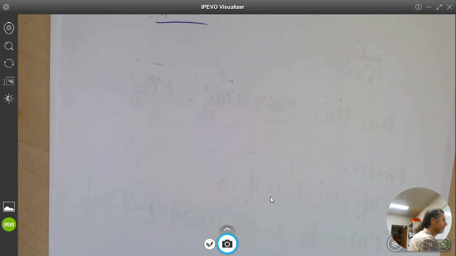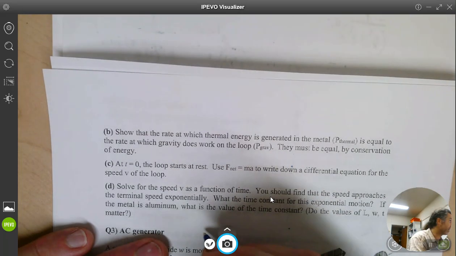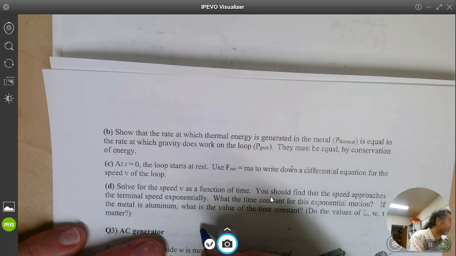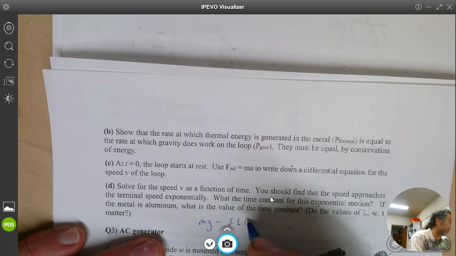I just wanted to make some comment that if you solve for your net force in part C to try to write a differential equation for the speed of the loop, we're going to be taking a look at that sum of forces, so mg minus ILB. And we're going to set that equal to m y double dot, right?